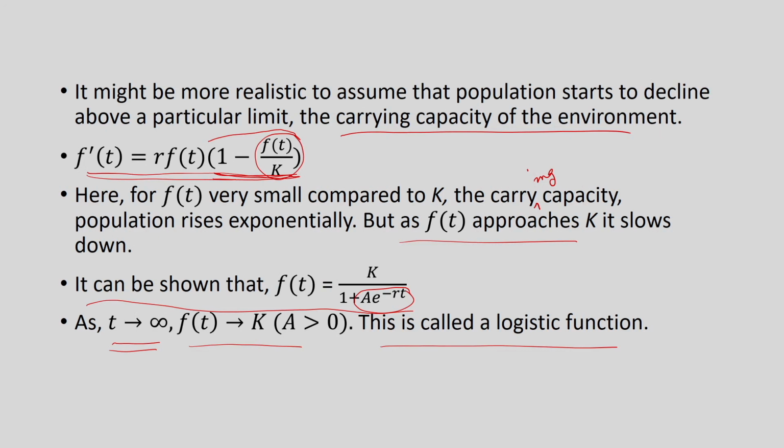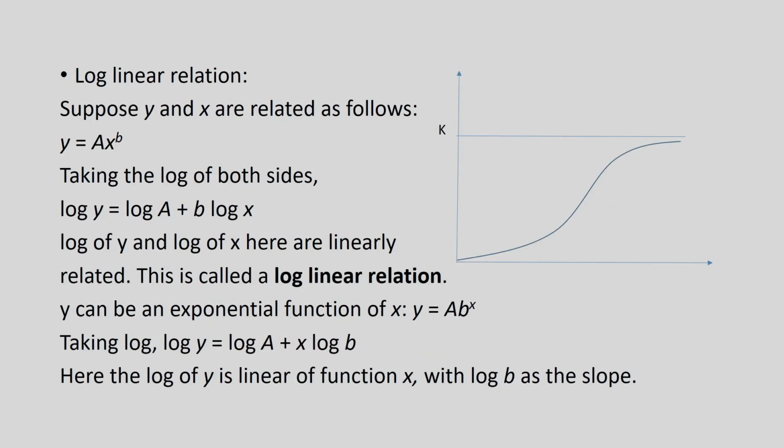So, geometrically, how does this look? Geometrically this is how it looks. You have time here on the horizontal axis, and on the vertical axis you have the population, which is f(t).